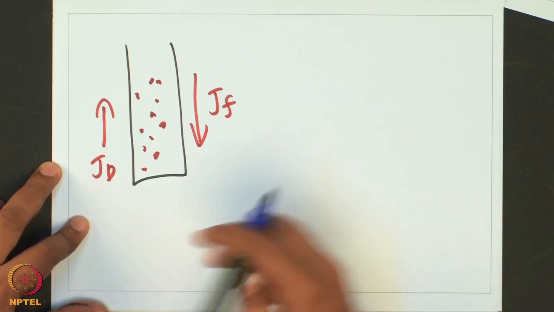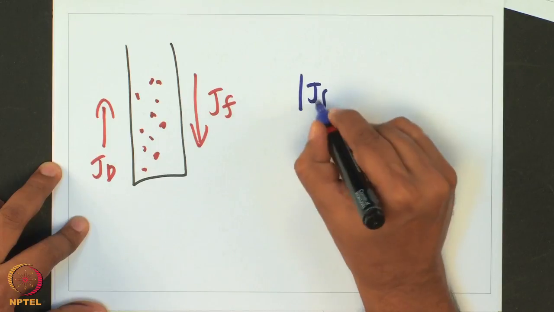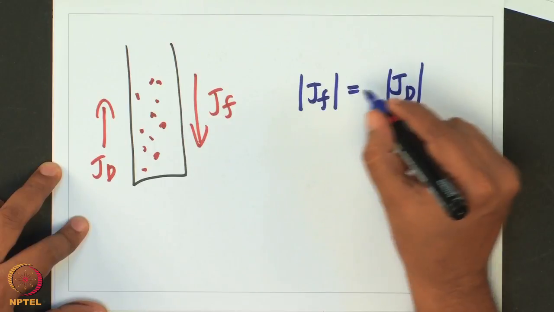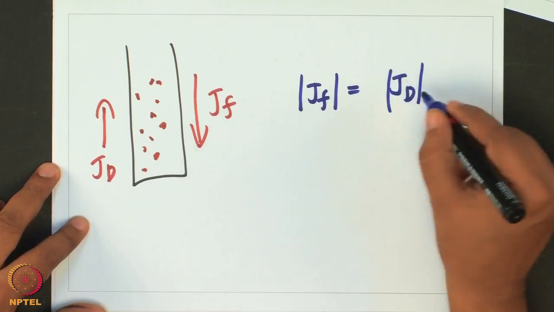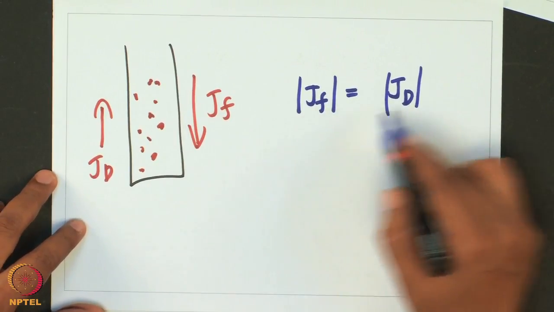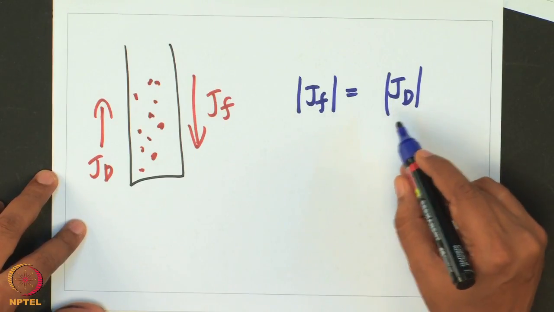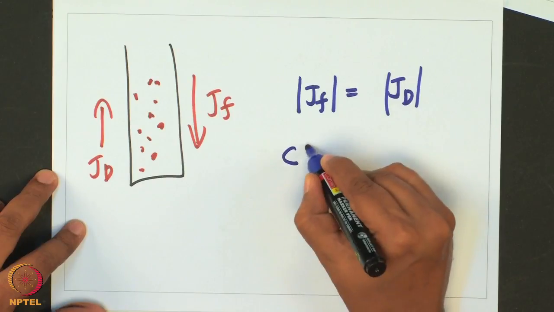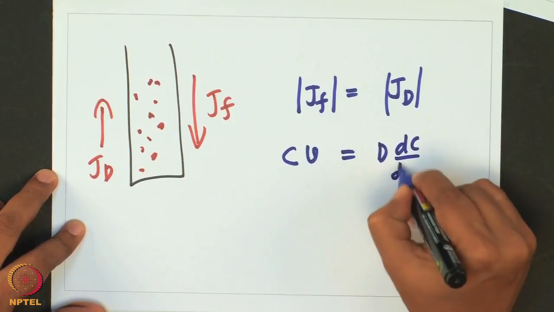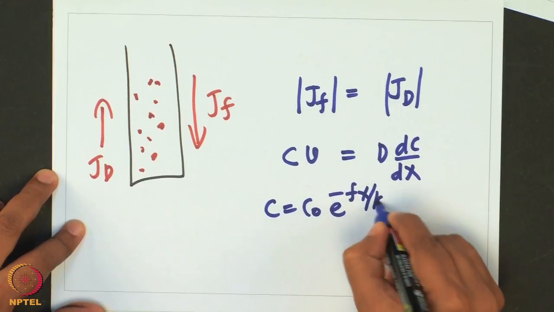When these two currents are equal and opposite, that is, Jf is equal to Jd in magnitude but in opposite directions, by equating these two, Cv is equal to D dC by dx, where C is equal to C0 e power minus fx by kBT.